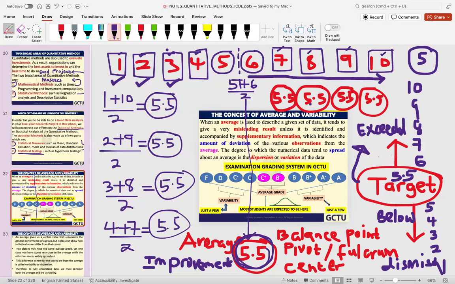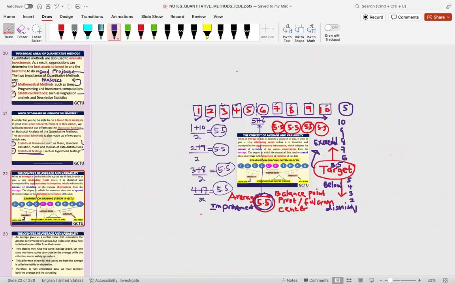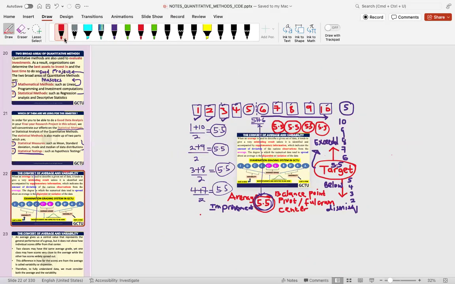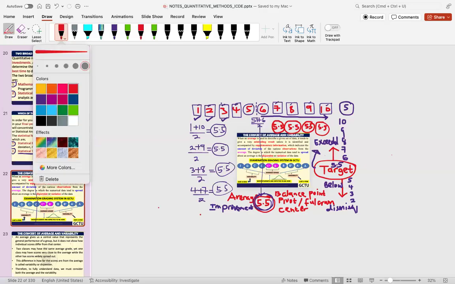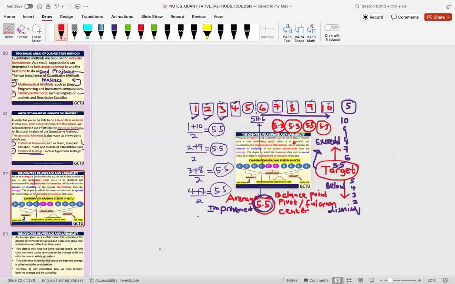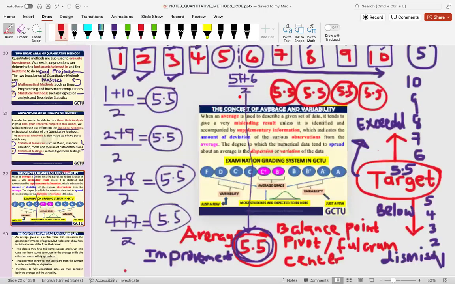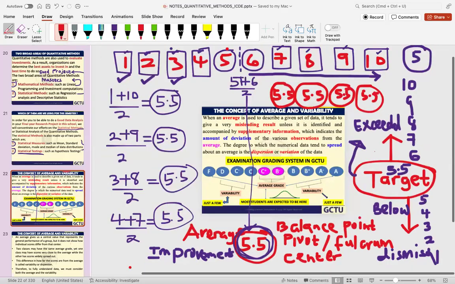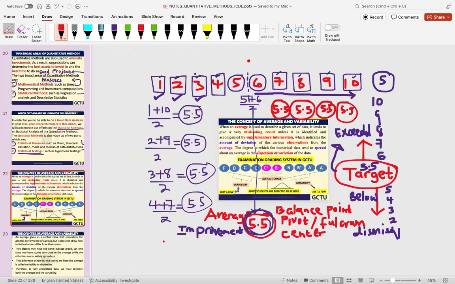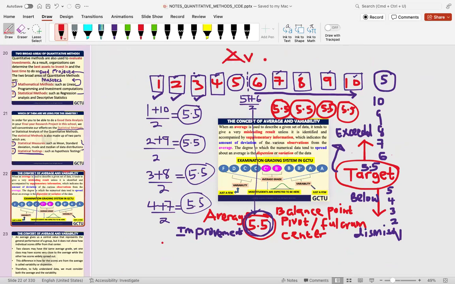So the first metric in quantitative methods, the first measurement we always do, is what we call the average. That is the first measurement, because that is what is going to set the target for us.